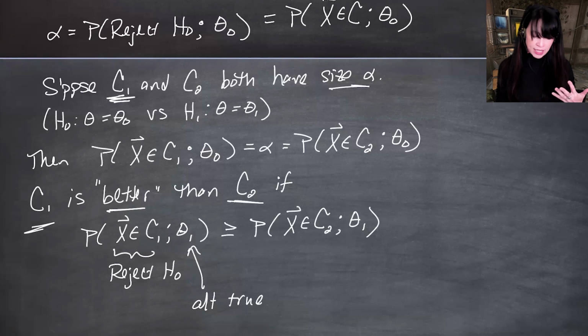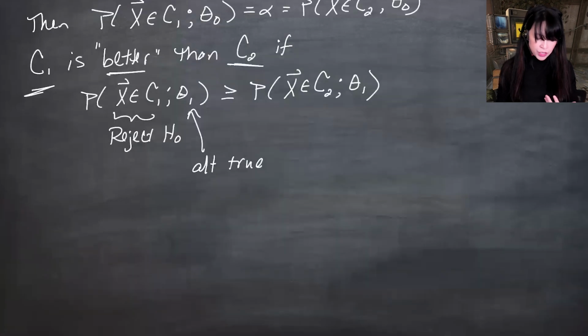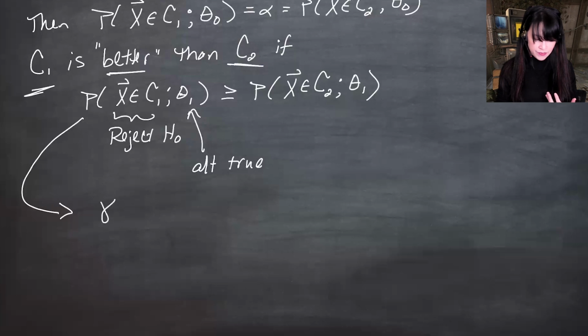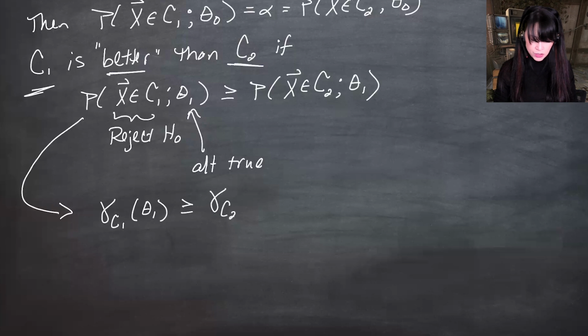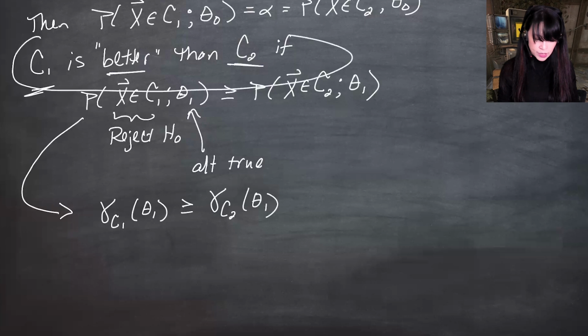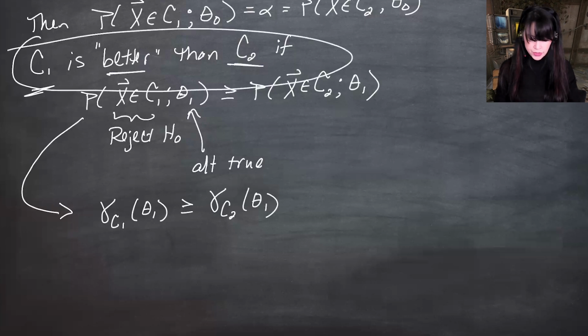Rejecting, the probability of rejecting is how we define a power function. And so this line could be written as gamma, the probability you reject, and then there's going to be two tests. So I could put a sub 1 or a sub C sub 1 and evaluate it at theta 1. This needs to be greater than or equal to gamma C2 at theta 1 in order for C1 to be better than C2.